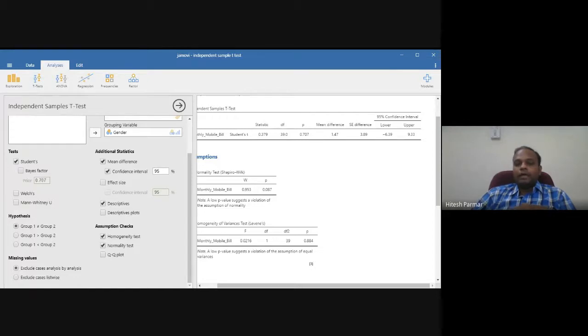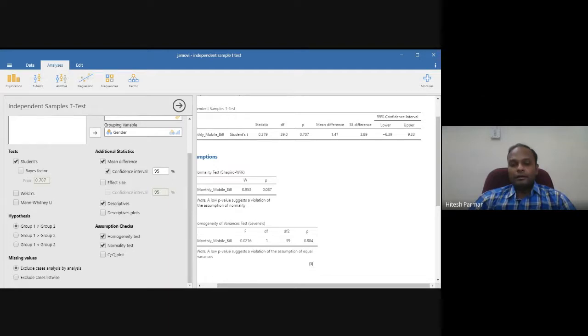Now, one limit is negative and one is positive. How do we interpret this lower and upper limit? This time we get a positive mean difference. When we get a positive mean difference, which mean is higher? Male mean or female mean?